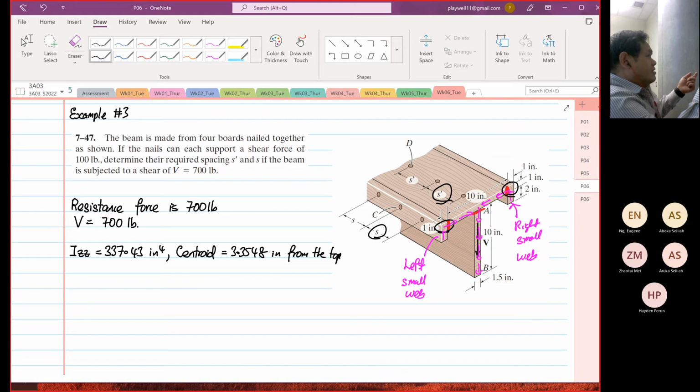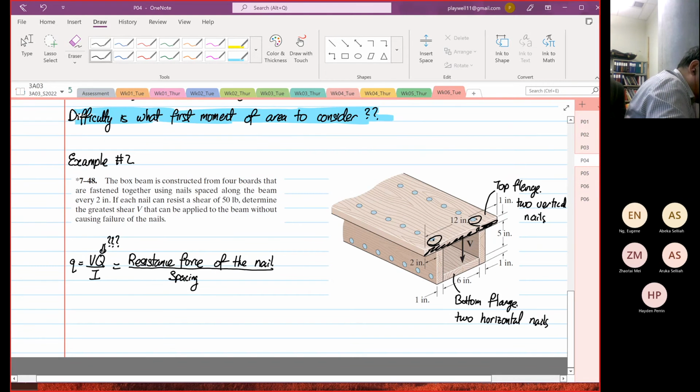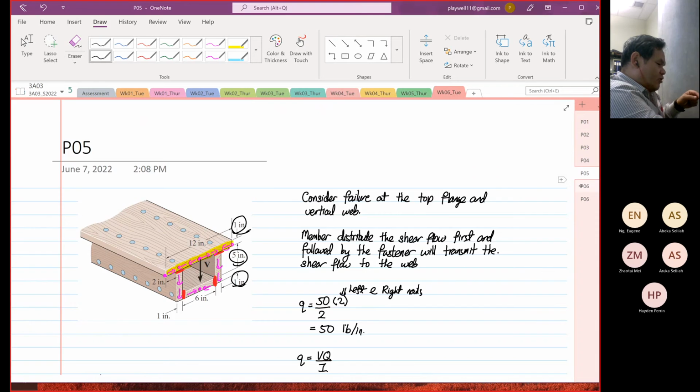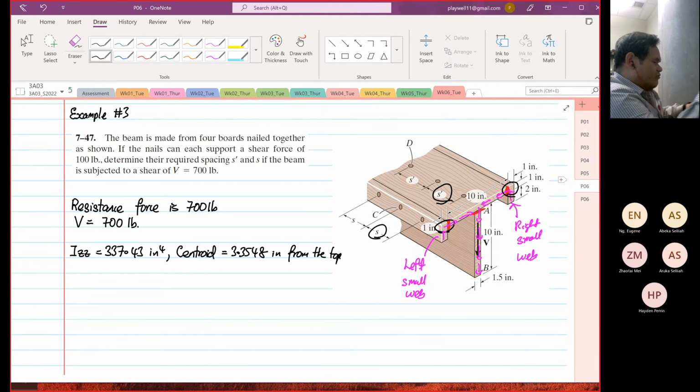They're independent. Whereas in this problem, the left and right nails are nailing down on the entire flange. That is the difference. So that's where we consider this. You need to know how to do failure analysis. As I said, if you look at the textbook, this is one of the tough questions for this reason.